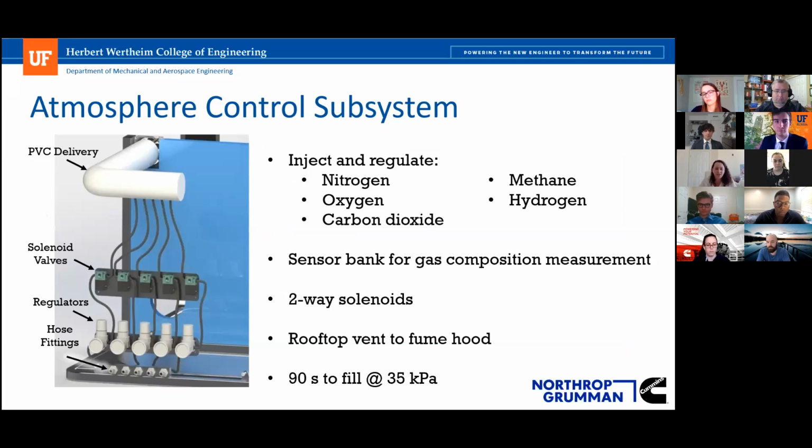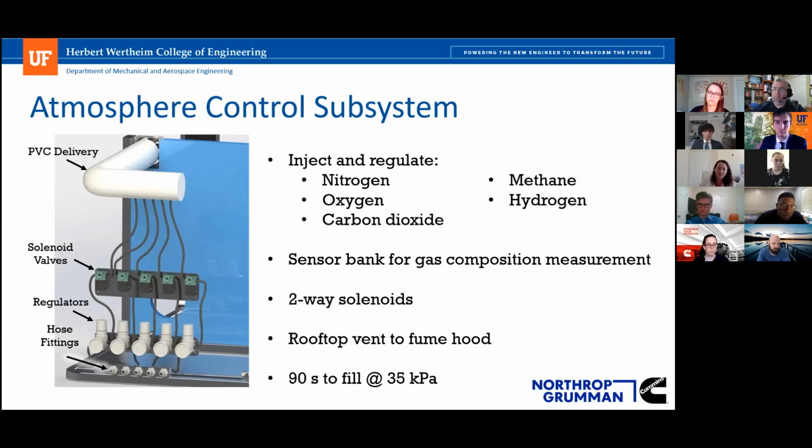Similar to the temperature control system, the atmosphere control system is also encompassed in the left half of the incubator, and it allows us to inject and regulate the 5 gases that the customer specified: nitrogen, oxygen, carbon dioxide, methane, and hydrogen. This is done by attaching external tanks to the hose fittings, and the pressure is regulated through regulators.